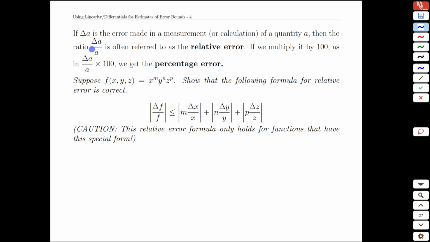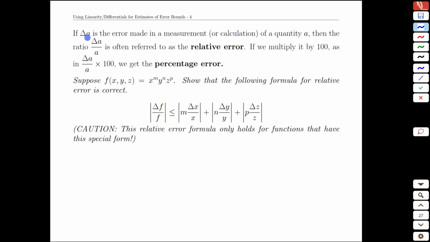Now with all of this calculation, there's a formula that often gets used in chemistry and physics that is related to this. And here what we want to do is explore how this comes from the calculus linearization idea. To get there, though, we have to remember the difference between relative error and absolute error.